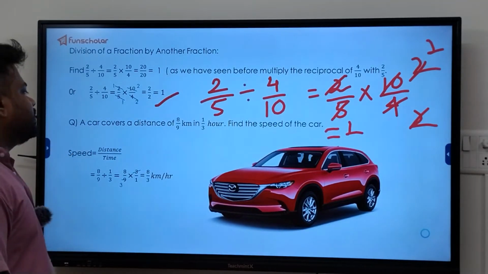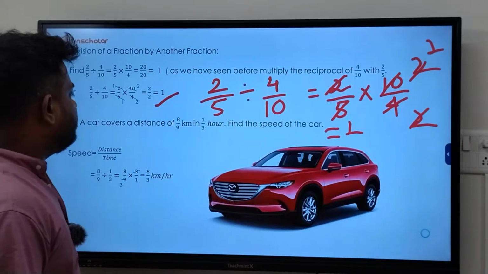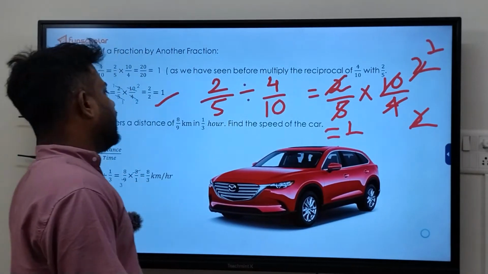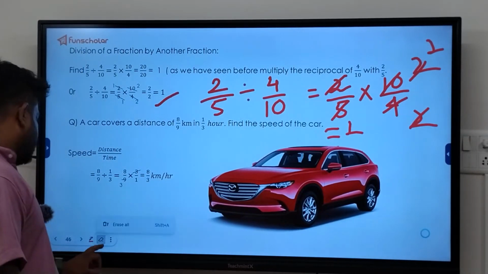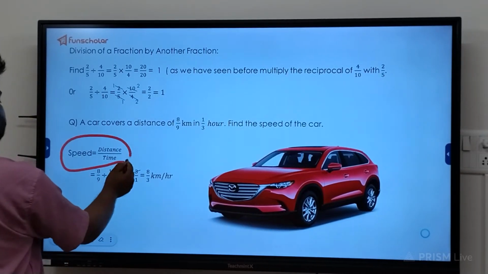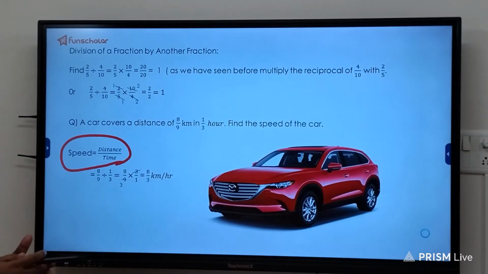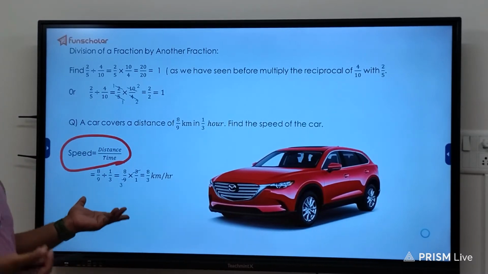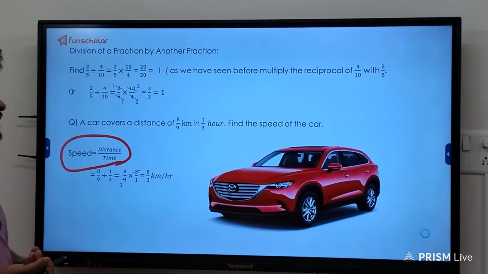A car covers a distance of 8 by 9 km in 1/3 hour. Find the speed of the car. So this is the formula. You have to memorize it, or you may know it from the physics chapters, or even in math, that speed equals distance by time.